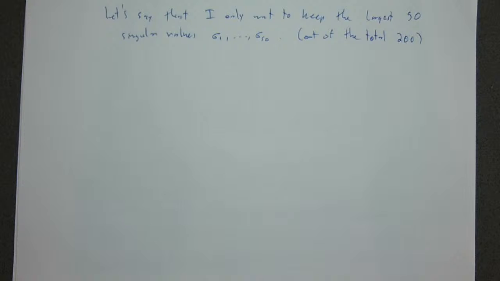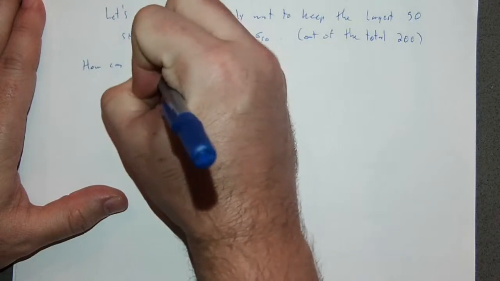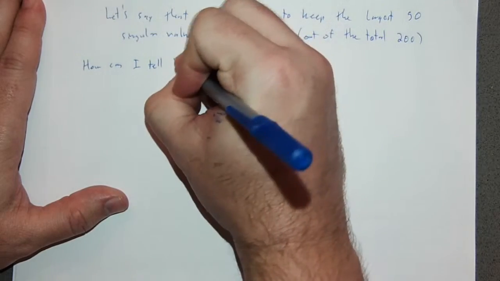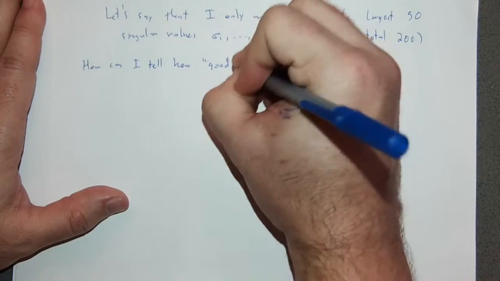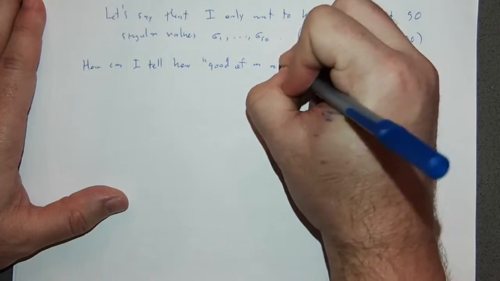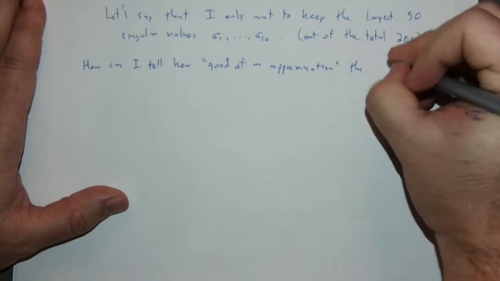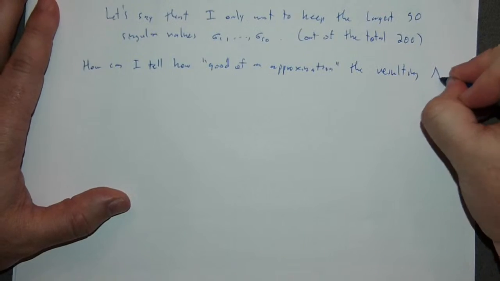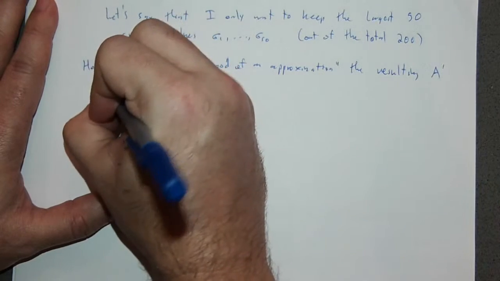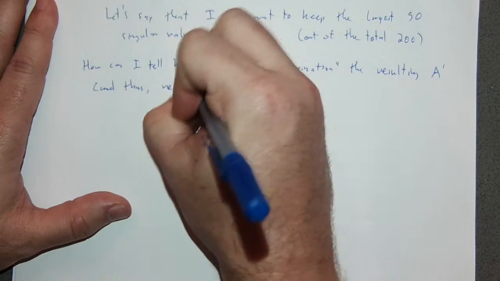So the question becomes, how can I tell how good of an approximation the resulting, we'll call it A prime, and thus resulting compressed image, is?